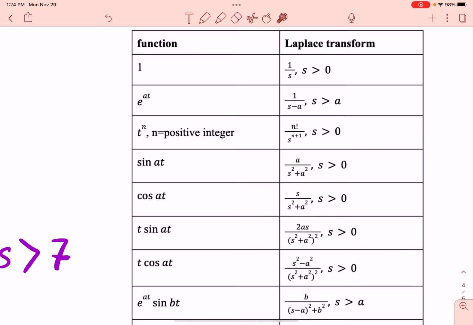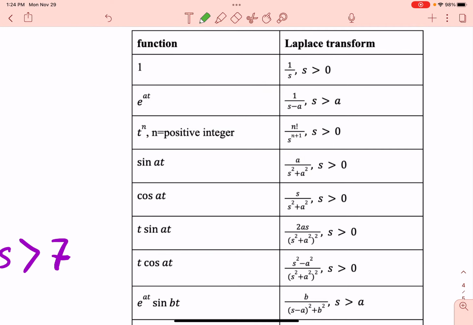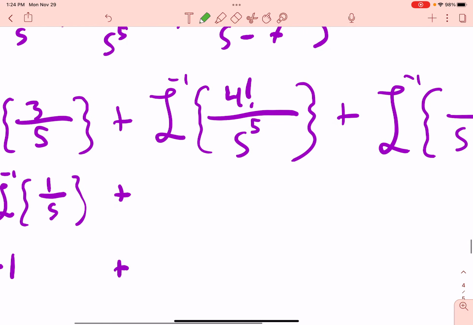Because 4 factorial on the top and 4 plus 1 is 5 power on the bottom. So let's just make a note of that, and then notice that this turns into t to the n. So here we have that n is equal to 4, and the inverse Laplace transform of this is t to the power 4.